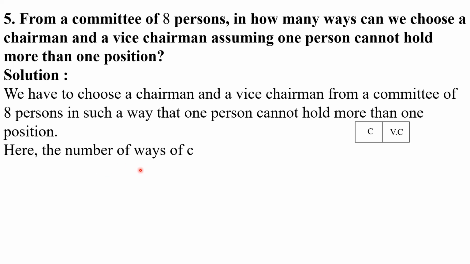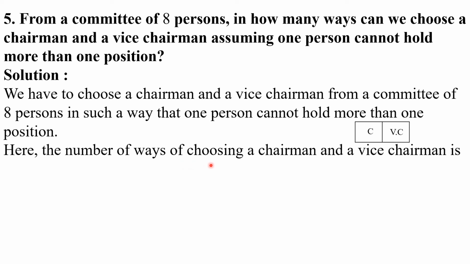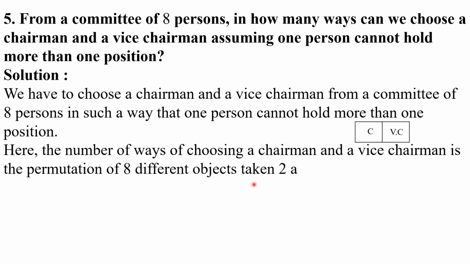Here the number of ways of choosing a chairman and a vice chairman is the permutations of n different persons, or different objects, taken two at a time.